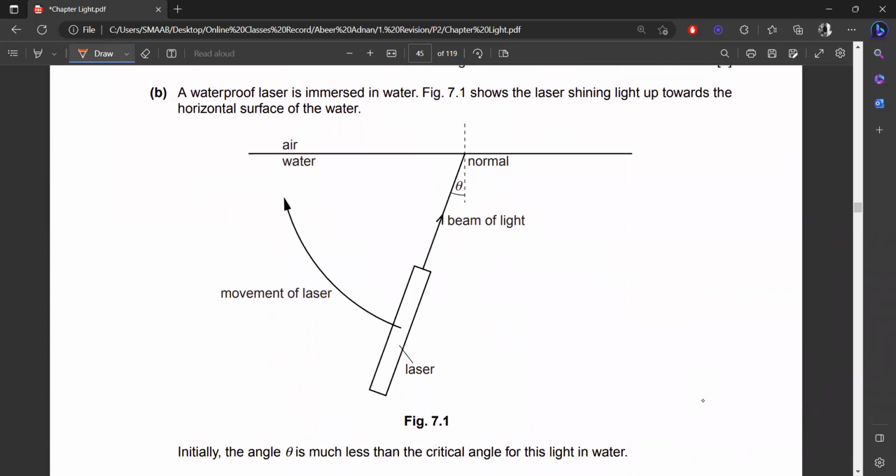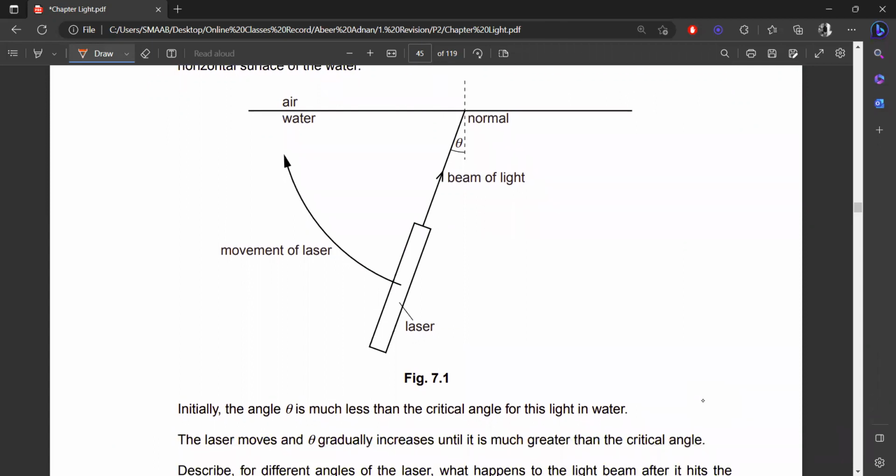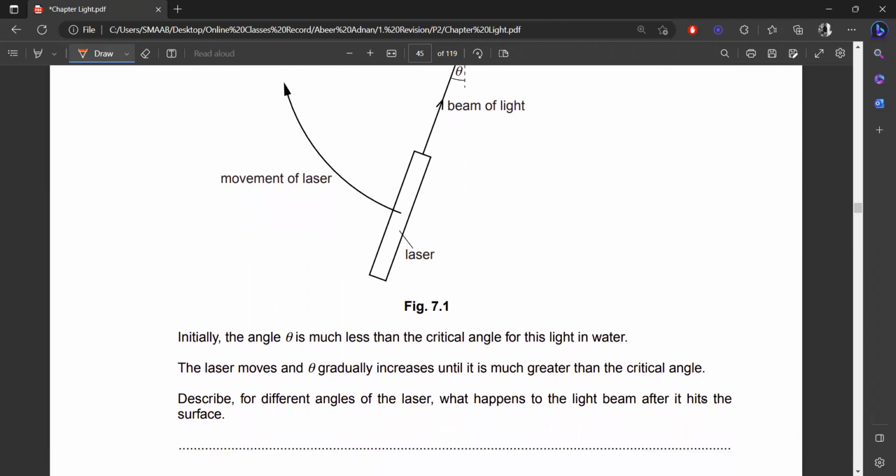A waterproof laser is immersed in water, and it shines light up towards the horizontal surface of the water. So now we are moving from dense to rare. The movement of the laser and the beam of light are mentioned on the diagram. Initially, the angle is much less than the critical angle for this light in water. So now the angle is less than the critical angle.